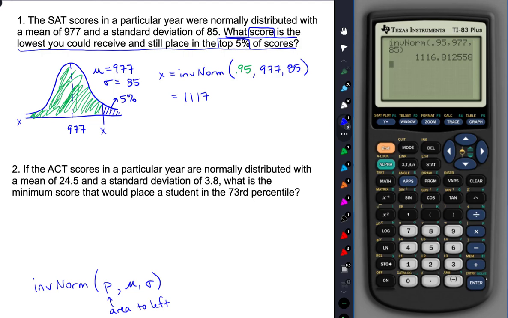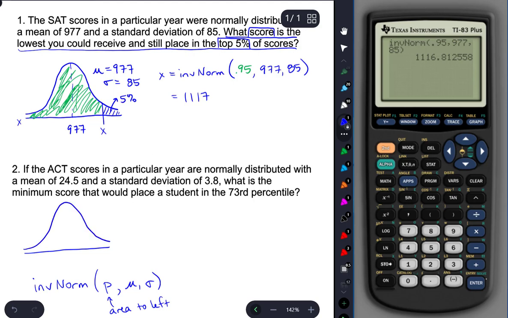Well, what we can do there is, again, since we know it's normally distributed data, we will draw ourselves a little sketch of a normal distribution. The mean is 24.5 and the standard deviation is 3.8. So I'll just put the mean in the center.